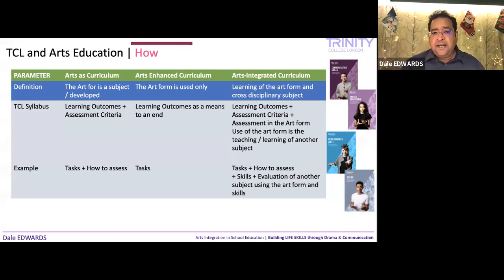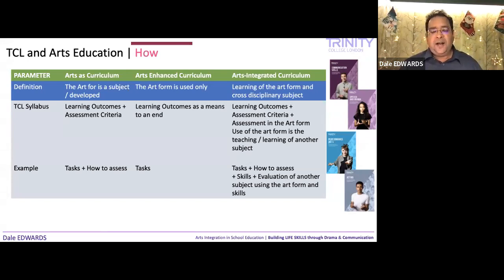But in an arts integrated curriculum, and that's the last option that you see, here you can use the learning outcomes, you can use the assessment criteria, plus there is an assessment of the art form in the subject. And there's also use of the art form in teaching or learning another subject. So an example of this would be the tasks, how to assess, plus the skills developed, plus the evaluation of another subject area using the art form and skills.